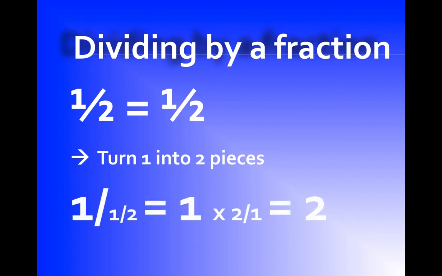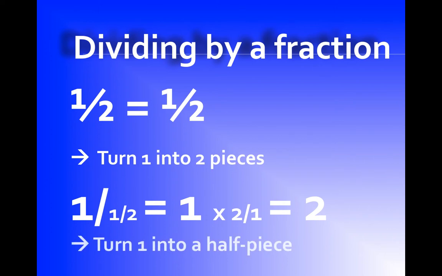Similarly, if you have this sort of problem where you're taking the number 1 and you're dividing by a fraction, let's just say that that would be like me saying take this one thing and turn it into a half piece. Now, in case this is still kind of confusing, have no fear. I'm going to show you a couple pictures.